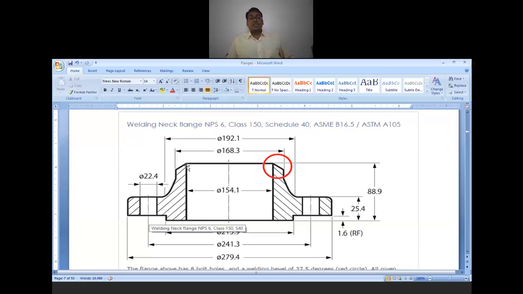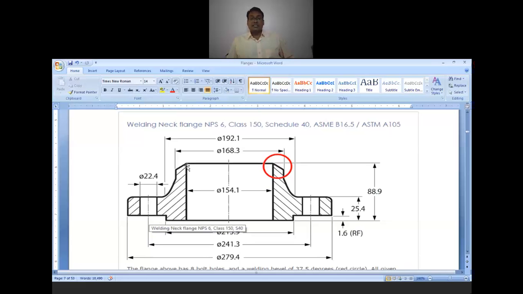And if you are going to use steam or certain flammable or hazardous liquids, then you are definitely going to use these standard flanges with the better schedule and better class.